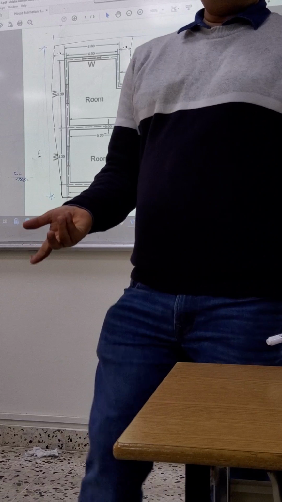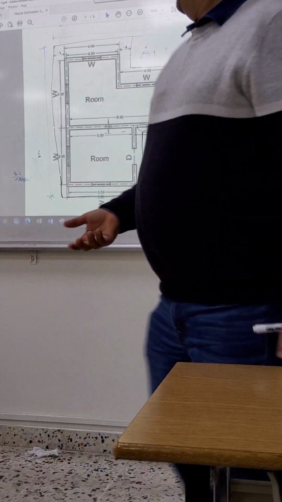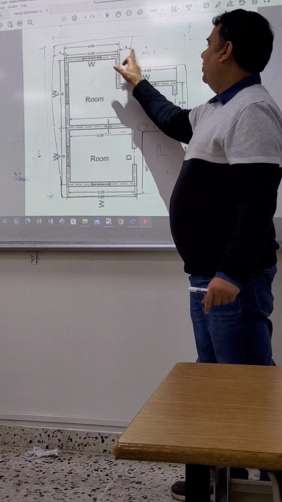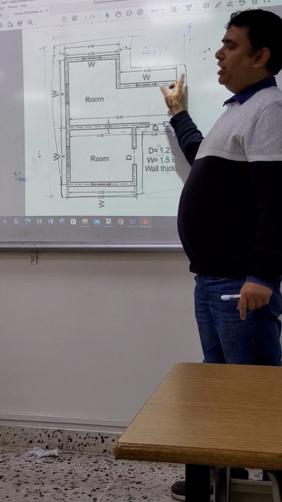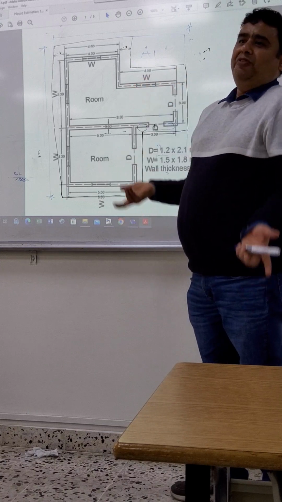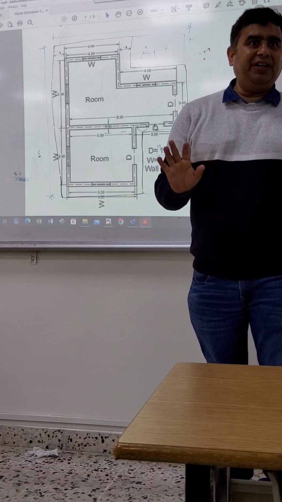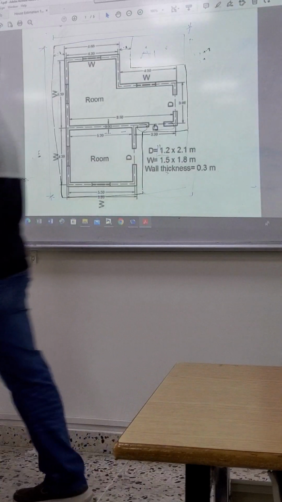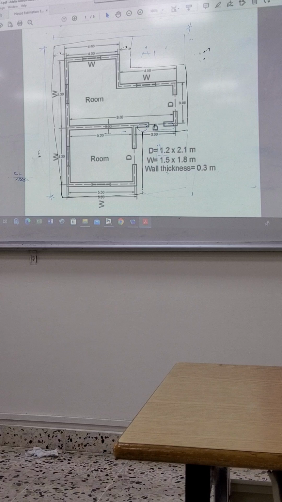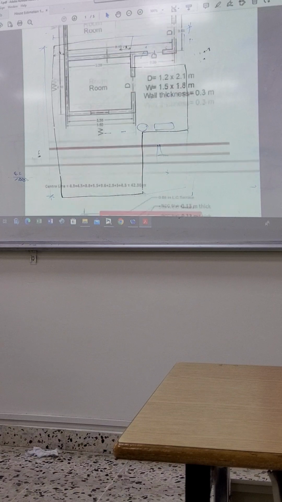Are you getting or not? Yes. Here 0.3 you are moving and 0.3 you are moving here, so this distance is 4.5. So it will not change. That is why I calculated the full area here and then the deduction.